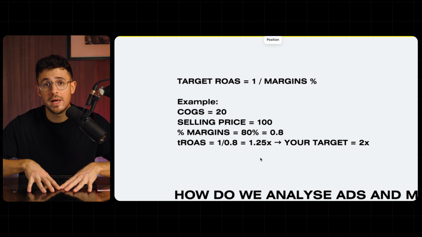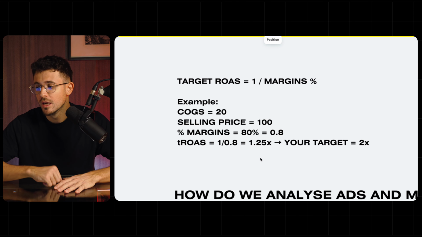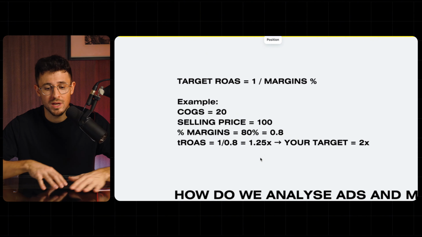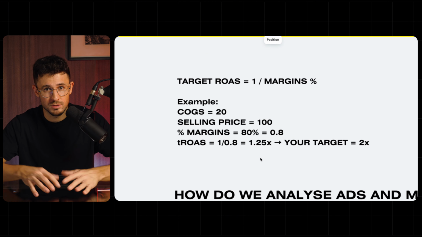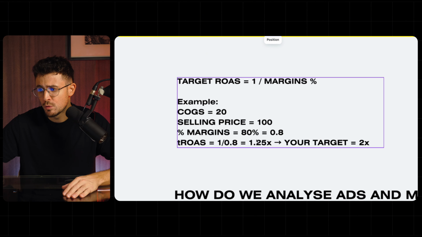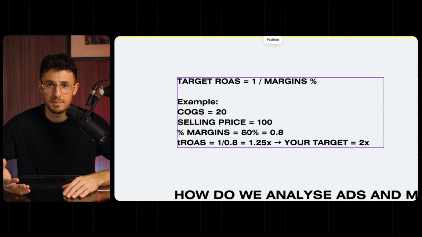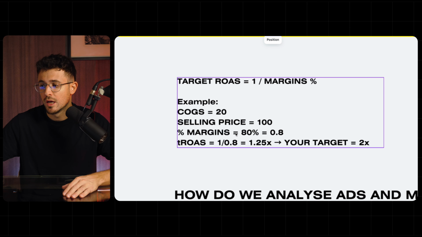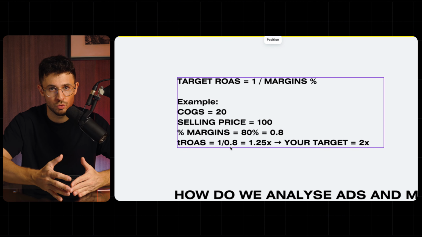You need to understand how much, in terms of percentage, you want to make, which we usually recommend being 20 to 30% gross margin from ads. So ideally, you subtract this from your 80% margin. Let's say it's 20%, then the margin is going to be 60%, and 1 divided by 0.6 is going to be your target return on ad spend.